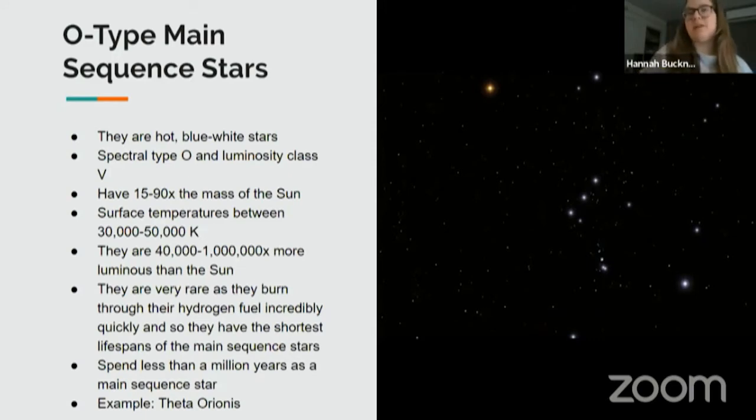In terms of stellar lifespan, we think this is so long, but in terms of space, this is actually quite short. O-type main sequence stars will typically spend less than 1 million years as a main sequence star. Our universe is about 14 billion years old. So in the grand scheme of things, they really just don't live that long.